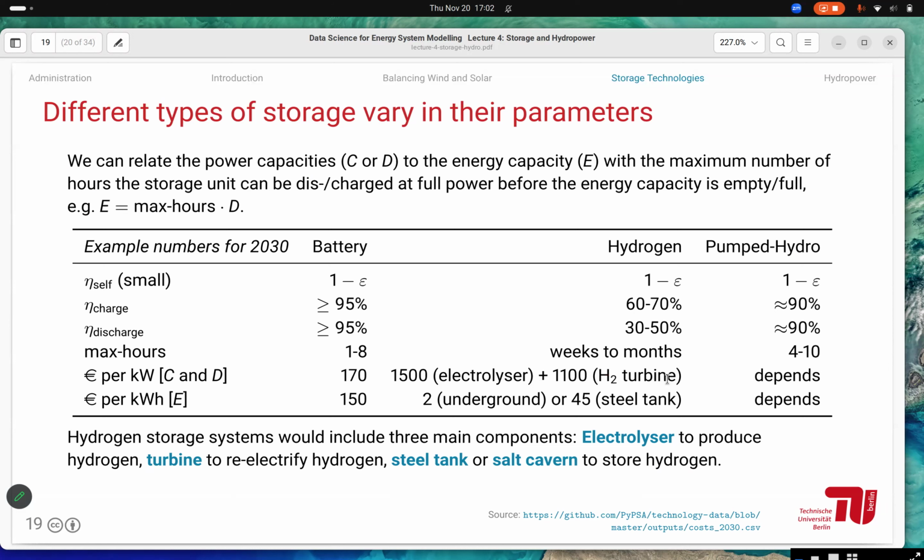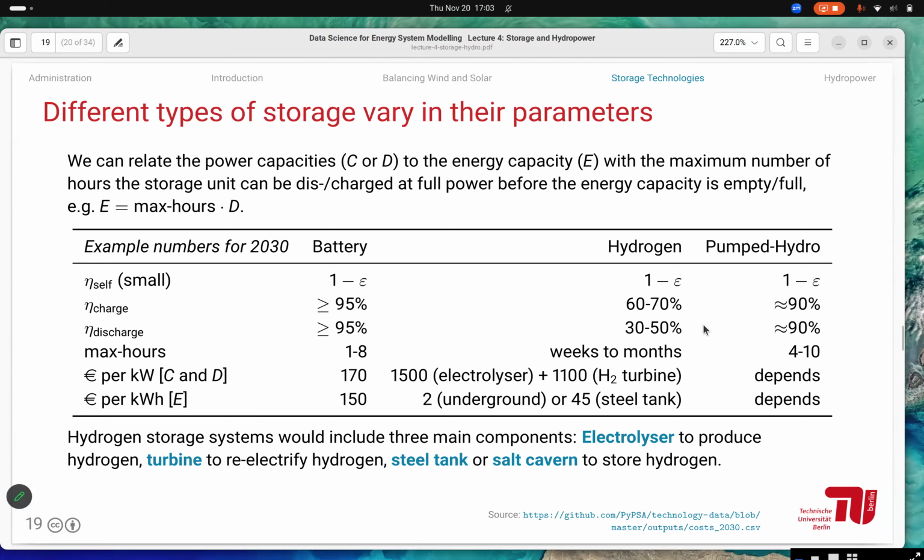So here, battery is one example with very high efficiencies, both for discharging and charging, but relatively high cost for the size of the bathtub, so to speak, which makes it relatively unattractive for storing a lot of energy over a long time. But it is very cheap given the efficiency, and also the cost per kilowatt for charging and discharging is relatively attractive for balancing at a short period of time.